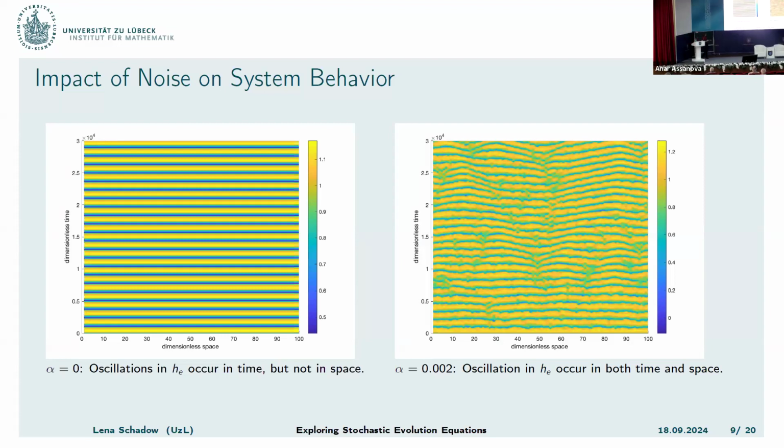Then we can see already a big difference, and that's also like behaving close to epileptic seizures. So here we can really see oscillations that occur, now small. We can do it harder, but small. We have a kind of traveling waves that oscillate both in time and in space.